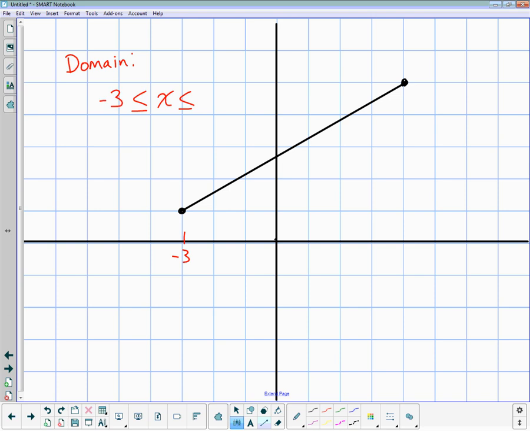Maximum value. What is it? So that is your domain. Your graph lives between those two values. Thank you.